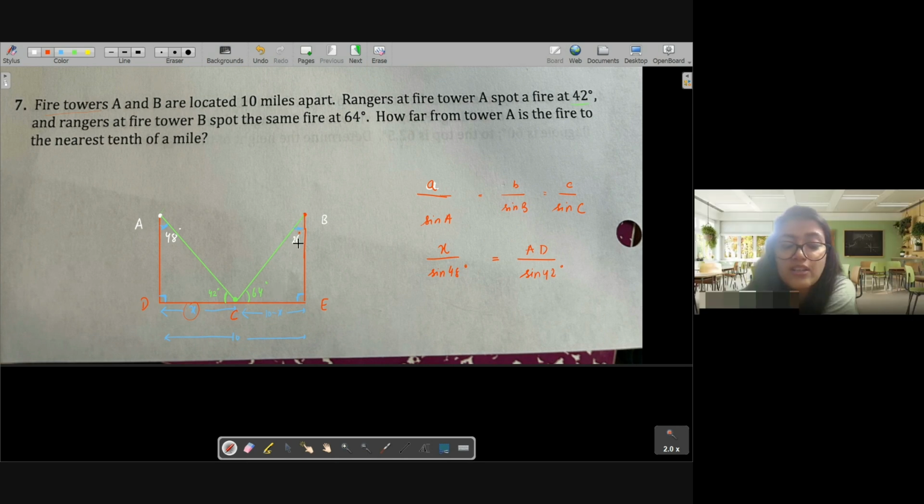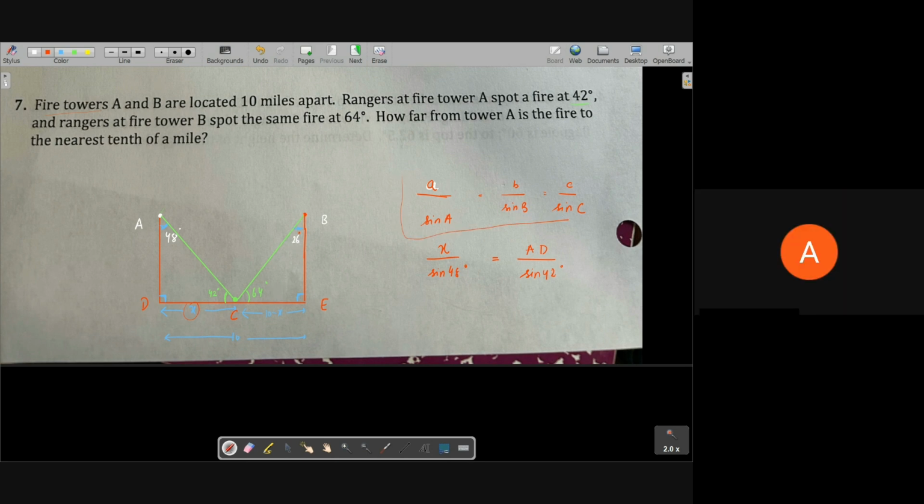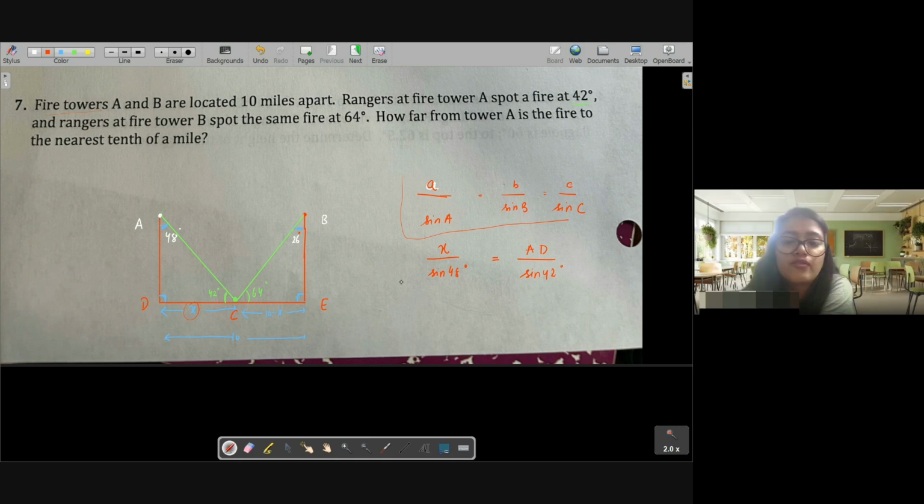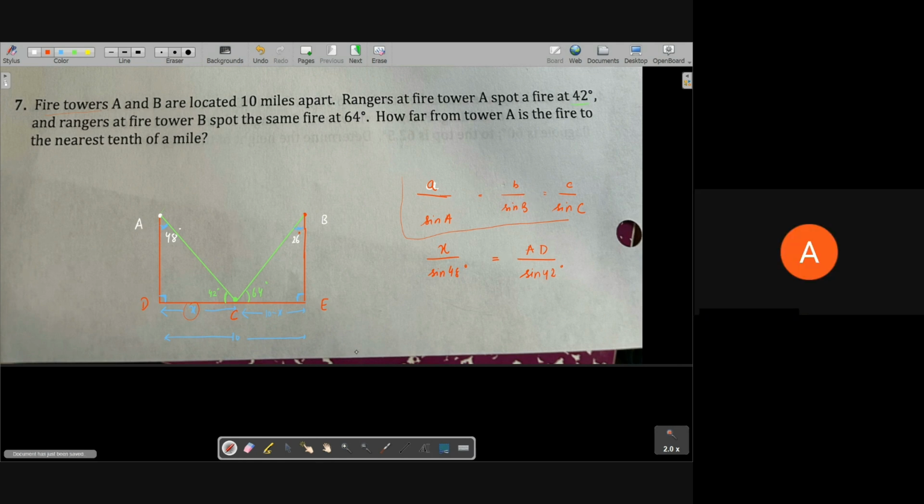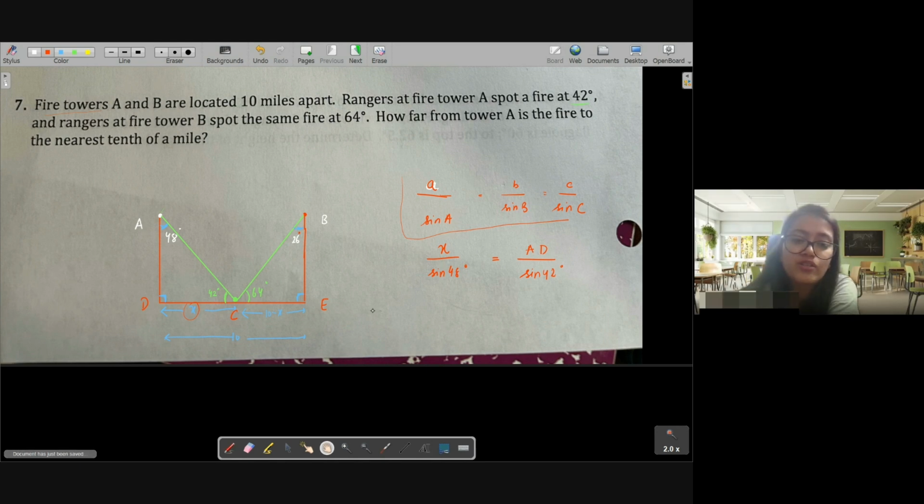But then that's a different triangle. We use the law of sines in one triangle, right? Oh, okay. Yeah, my bad. But from this equation, you won't get the answer because we don't know the value of AD either. So you'll have to create two equations. Now we'll create a similar equation for triangle BCE.